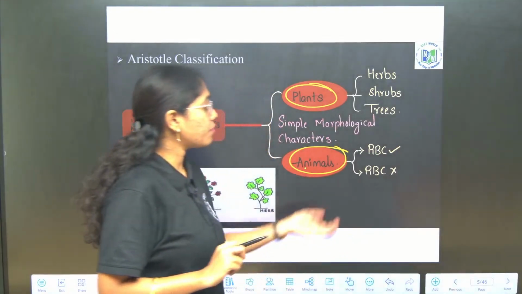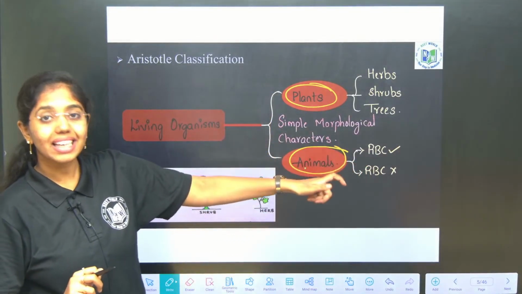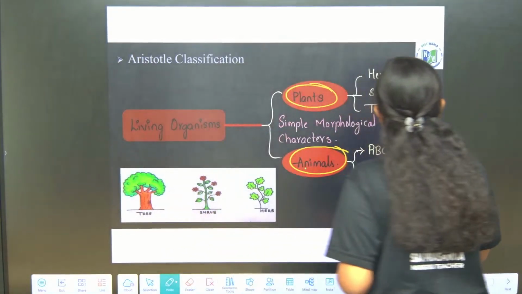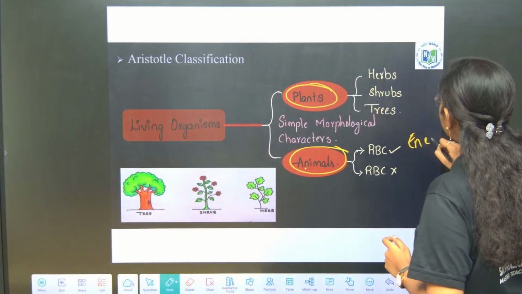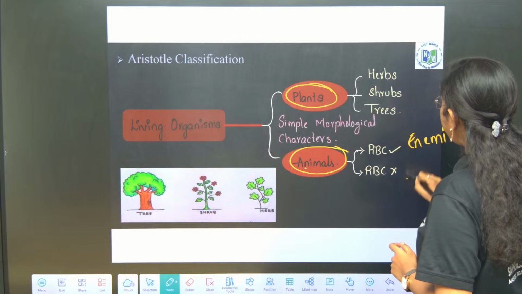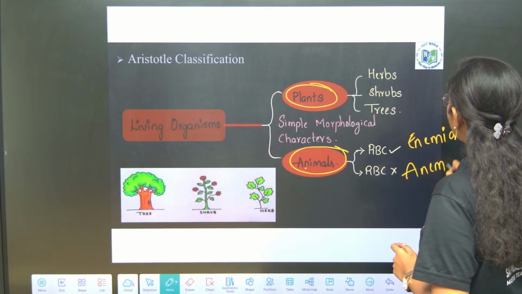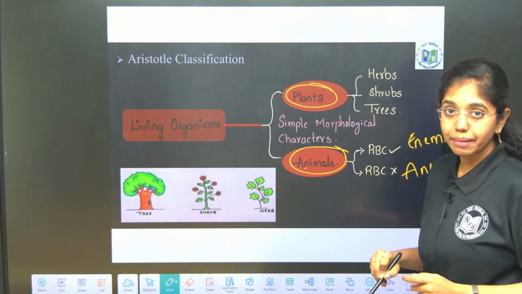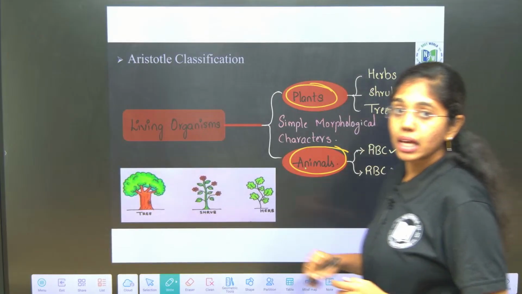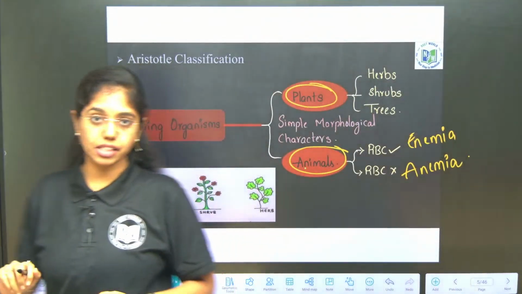They are classified into Enaima and Anaima. Enaima, those which has RBC; Anaima, those which doesn't possess RBC. Okay, this is about Aristotle classification.